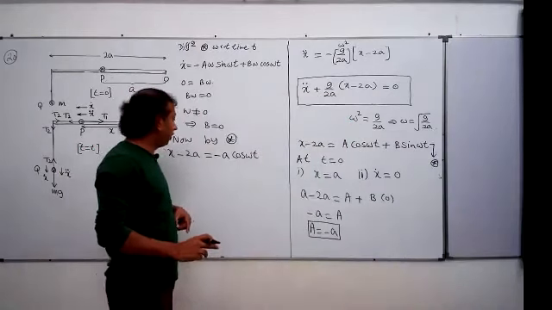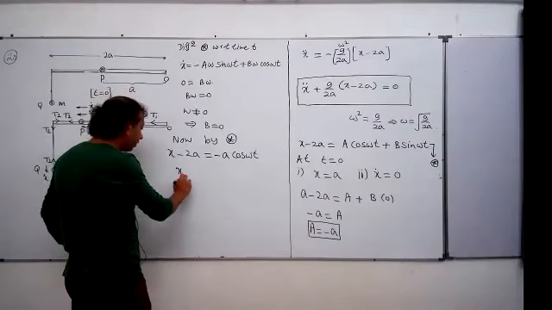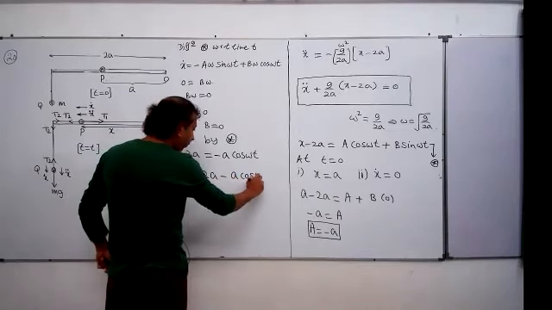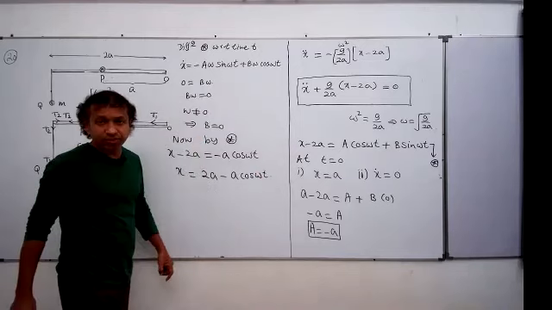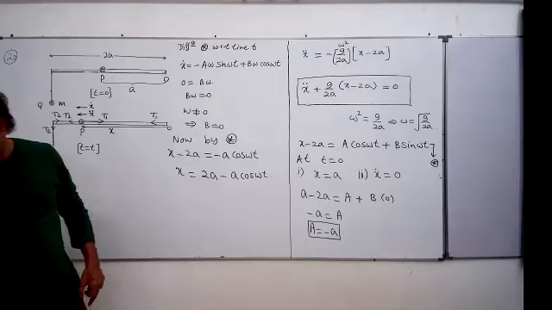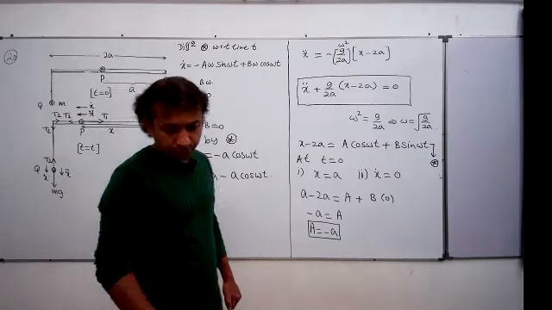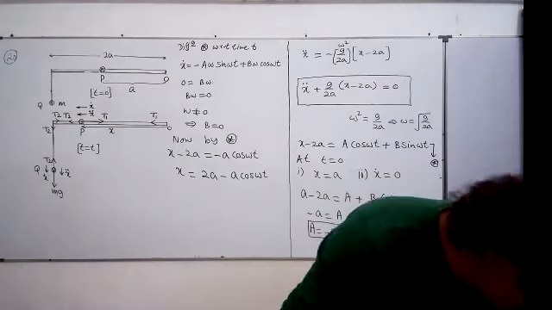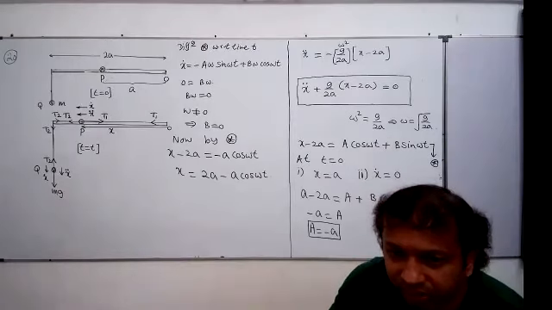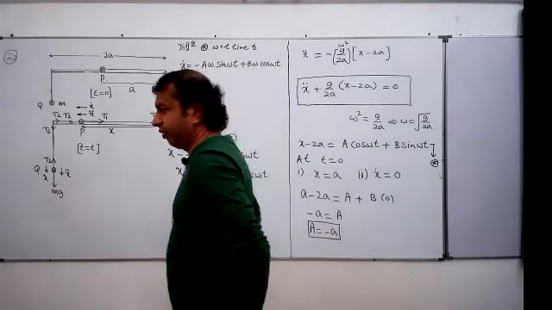Then the relation between x and time t is this: x equals 2a minus a cos omega t. This is the relation between x and time t. What do you feel about the question? Nothing, no? It's a very easy lesson.